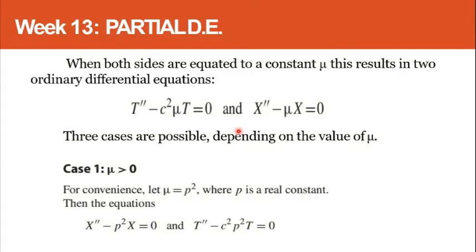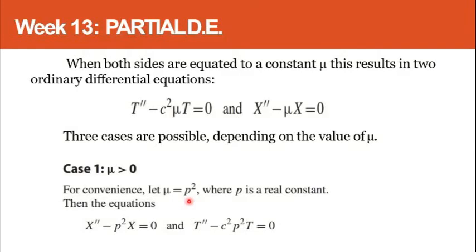So ngayon naman, we have na yung detailed for the cases. Yung unang case natin is we have u greater than 0. Here naman, gagamit tayo ng p na yung u natin is also equivalent with p squared. Or yung p natin is kinakategorize natin siya as real constant.